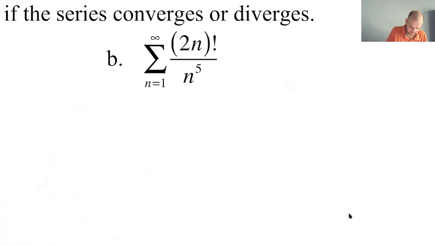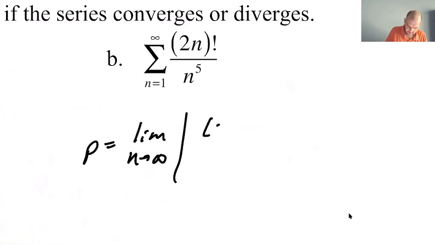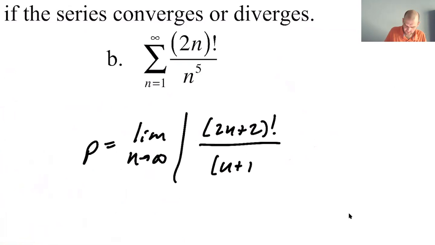So we're going to say rho is the limit as n approaches infinity of the absolute value. I'm doing n plus 1, right? So 2 times n plus 1 is 2n plus 2. Factorial, quantity n plus 1 to the 5th, times the reciprocal, n to the 5th over 2n factorial.